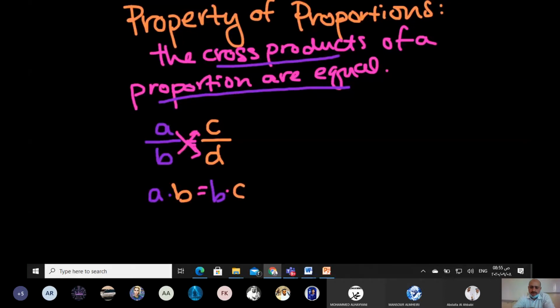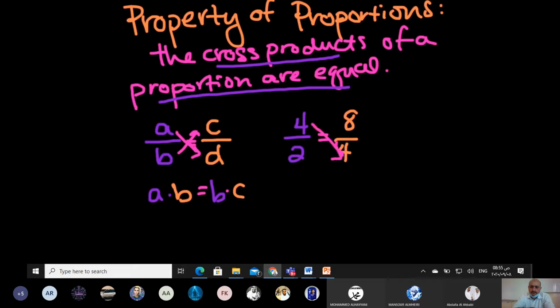We're creating a big X, a big cross. Let's try a couple of numbers. If we had 4:2, that flour to dollar ratio, and we have 8:4, essentially their cross products should be equal.